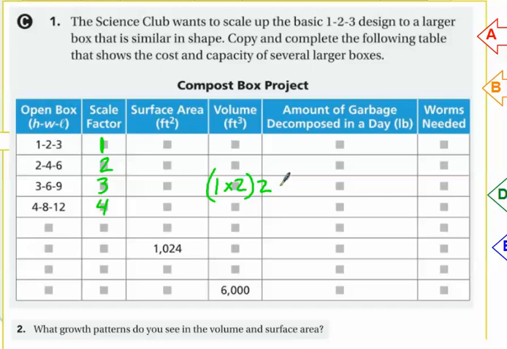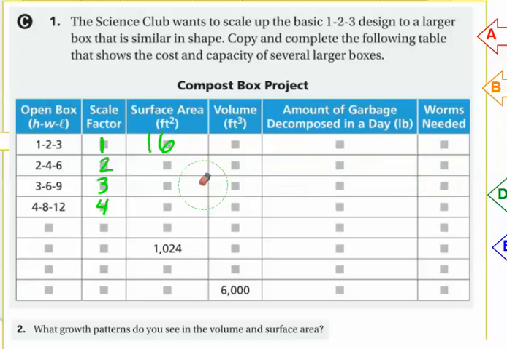The sides of the box are going to be a 1 by 3. I have 2 of those. And the bottom of my box is a 2 by 3. I'm going to add those together. 1 times 2 is 2, times 2 is 4, 3 times 2 is 6, I have 10, plus 2 times 3, which is 16, so I have a surface area of 16.